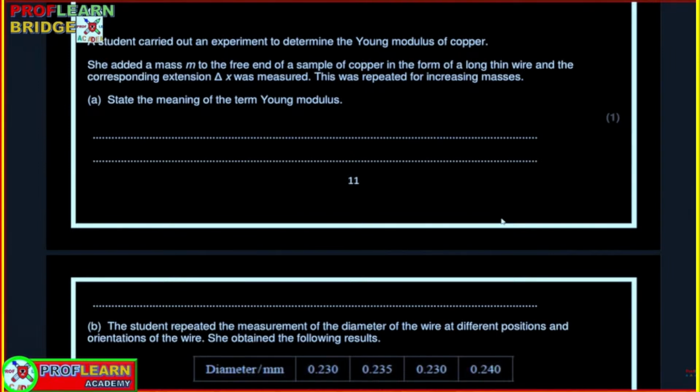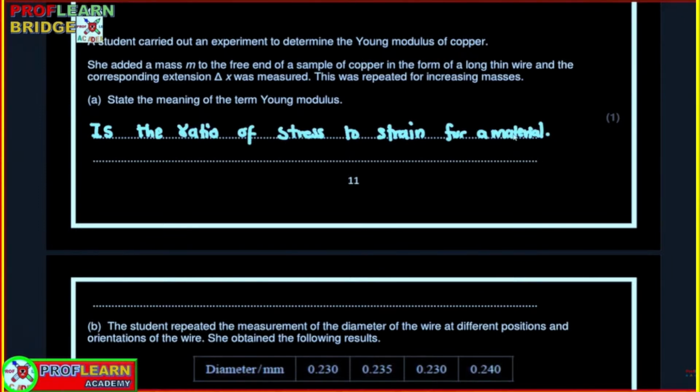This was repeated for increasing masses. We're supposed to state the meaning of the term Young's modulus. Young's modulus is the ratio of stress to strain for a material.